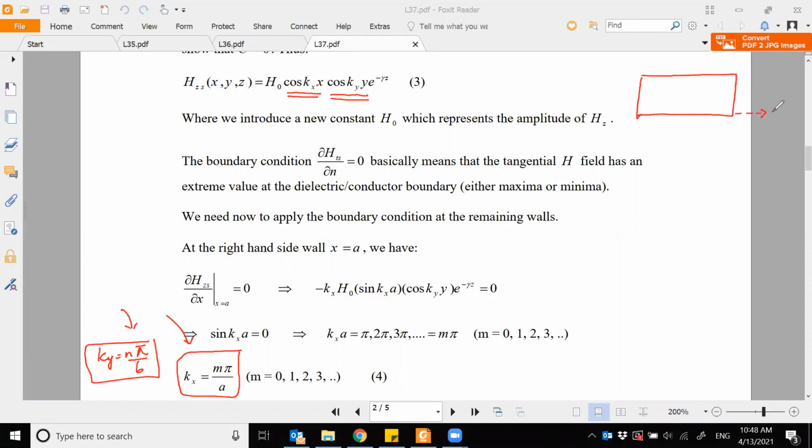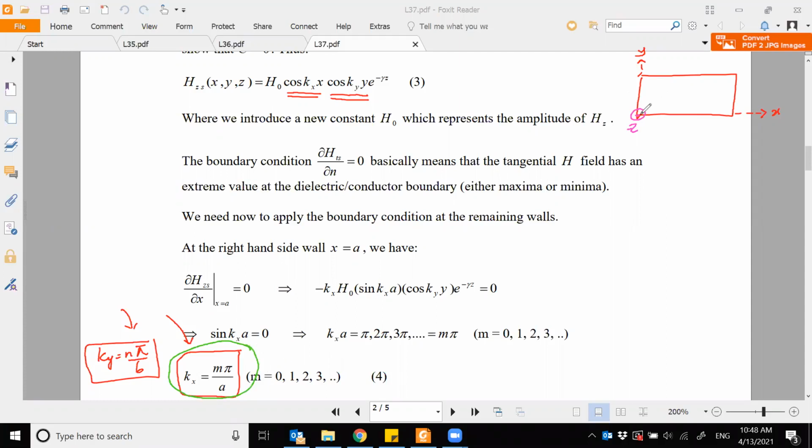if this is my x, this is my y, and this is z. So it is telling us that my magnetic field component Hz, if it moves along the z direction, has to satisfy this condition.